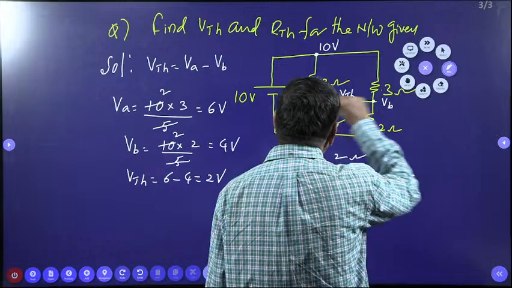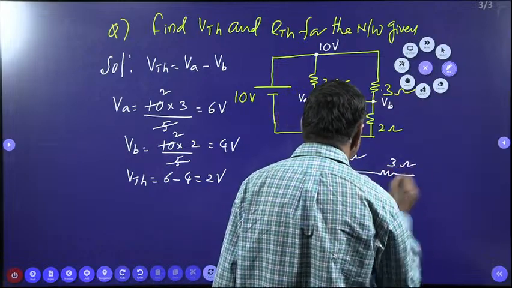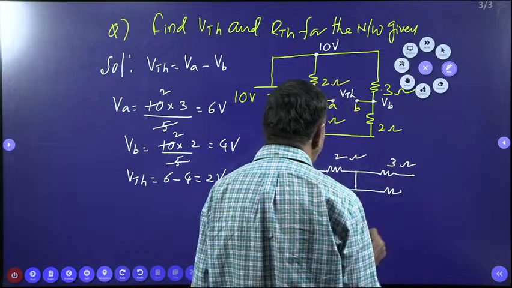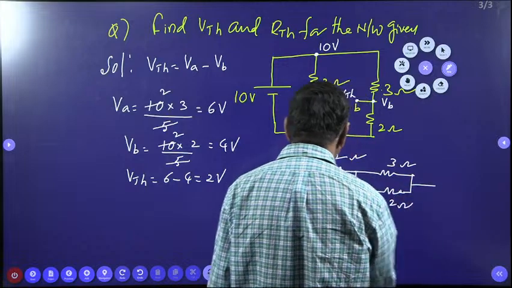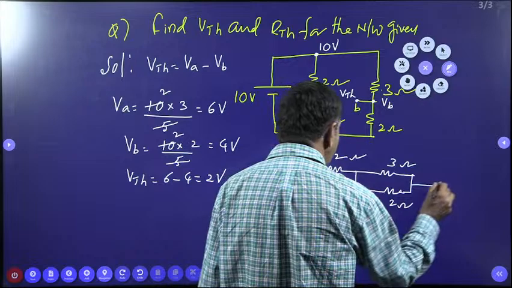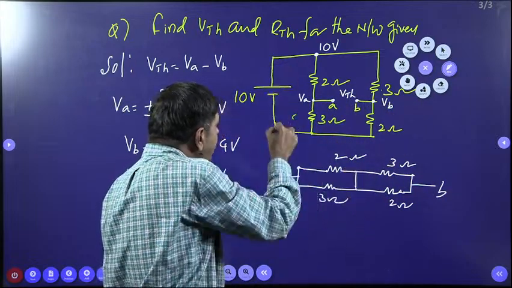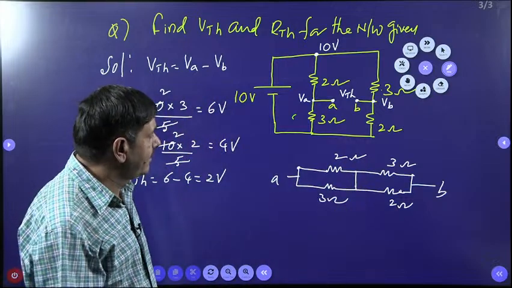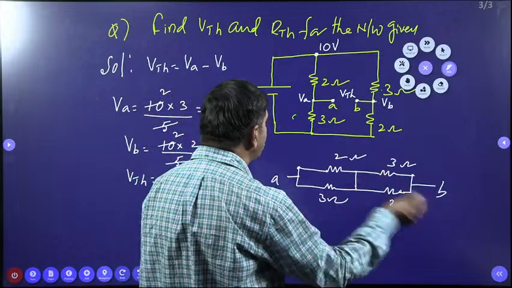This is A, this is B. You pull A and B. This wire, when it is shorted, comes exactly at the center. But these two are in parallel, these two are in parallel, and finally both are in series.